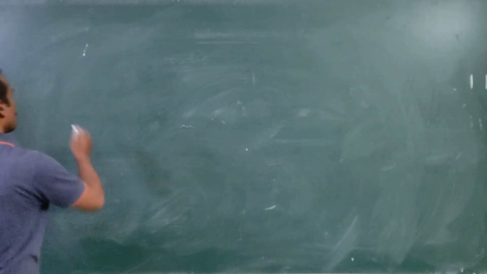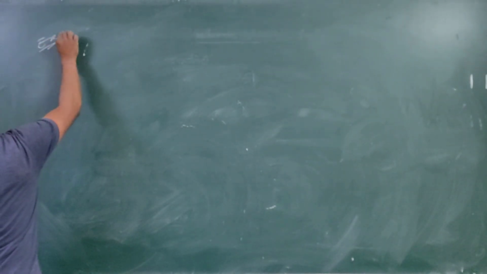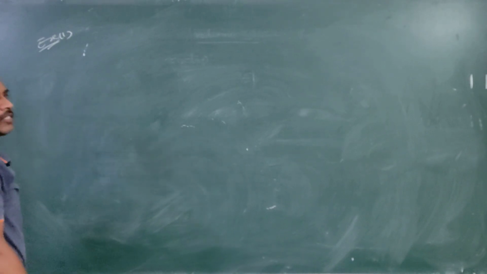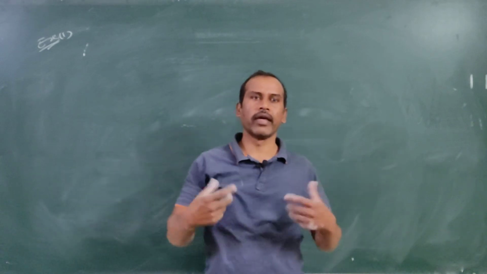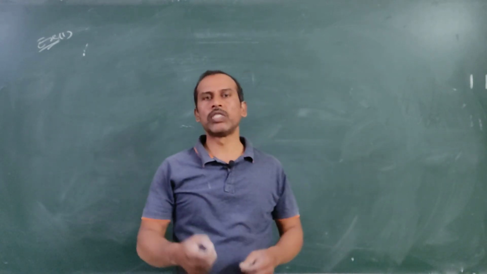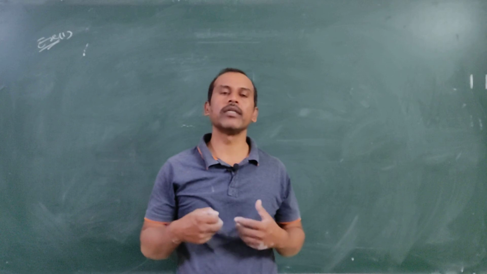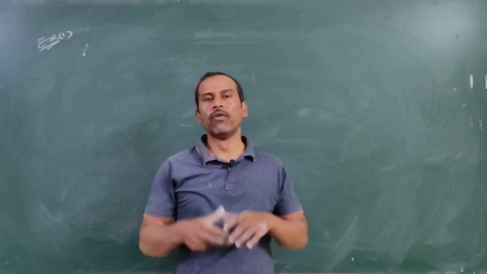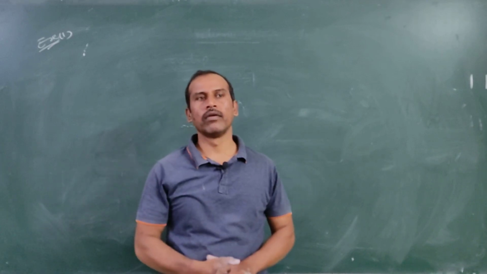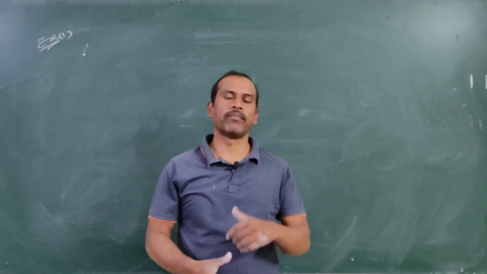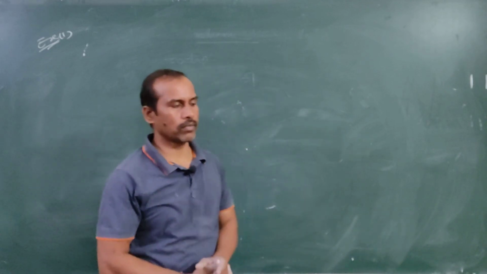For example, here is an example problem. A 3 centimeter copper wire is stretched, and the increase in the length of the wire is 0.3 centimeters. Find the lateral strain, given the Poisson ratio.